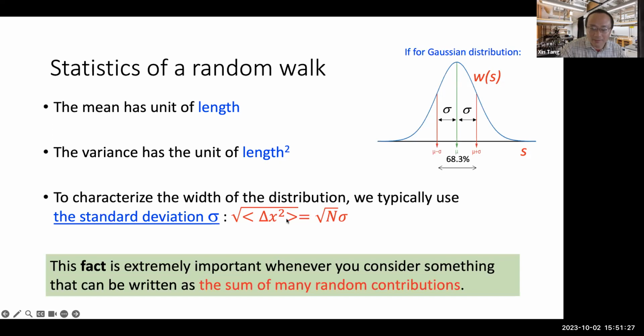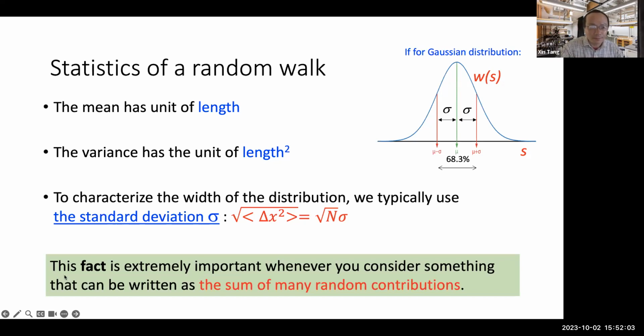Remember this value is n sigma squared, right? So that is actually the square root of n times sigma. The square root of n has no unit, n is a number. Sigma has the unit of length. So sigma is the standard deviation of every step, and times the square root of n, you get the final standard deviation of the final position.